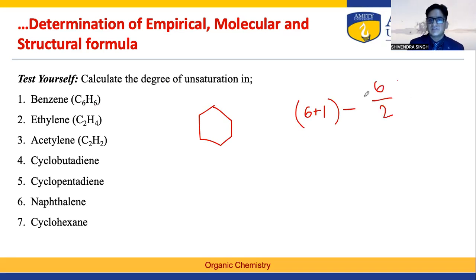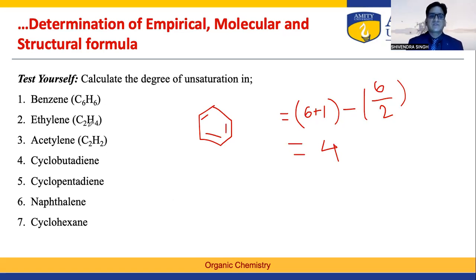If we solve this equation, the value of dB will be 7 minus 3, so it will be 4. Four means it has one ring plus 3 double bonds. That is how we can easily solve the structure formula of a compound.